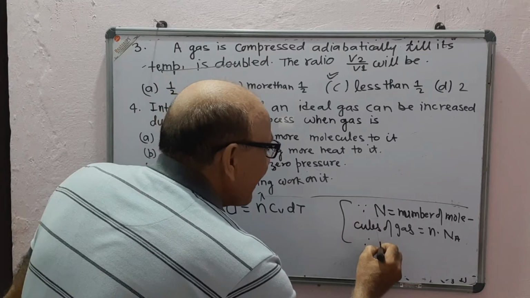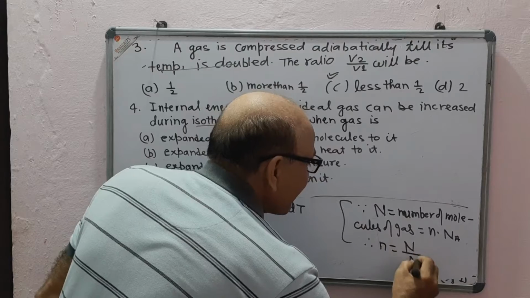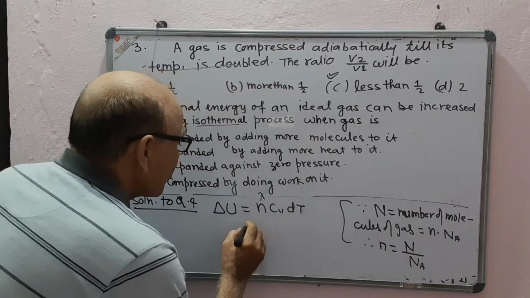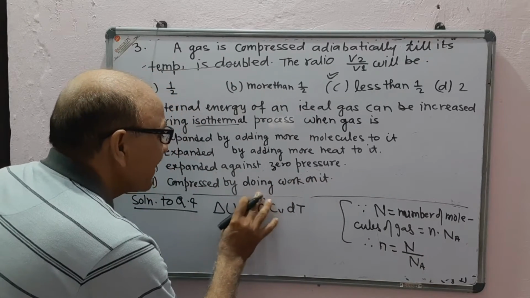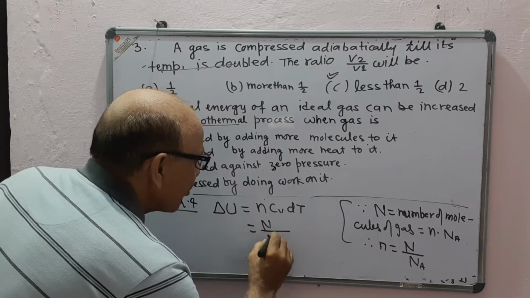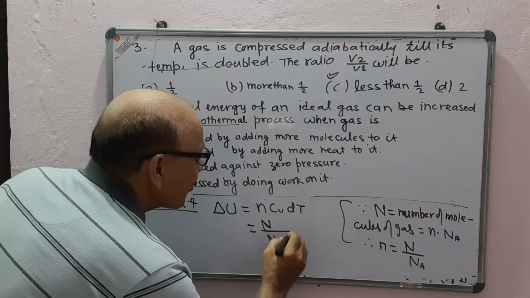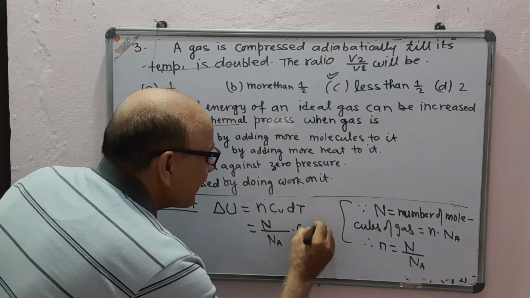Therefore, n will be equal to total number divided by Avogadro number. So you can write n as total number upon Avogadro number, into Cv into dT.